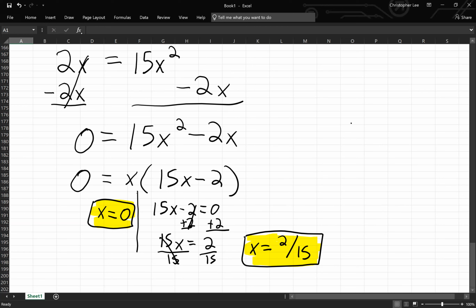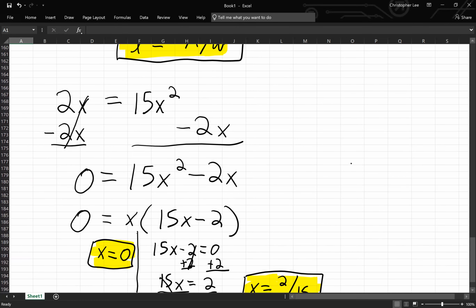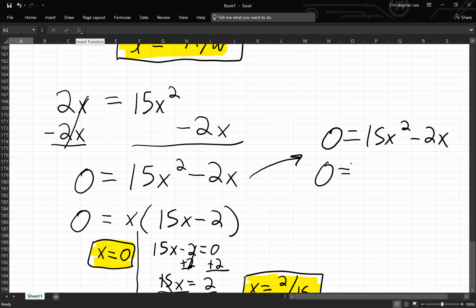So look, in this equation that we have up here, 0 equals 15x squared minus 2x, right? If I plug in 0, it answers the question, right? So look, 0 is equal to 15 times 0 squared minus 2 times 0, right?